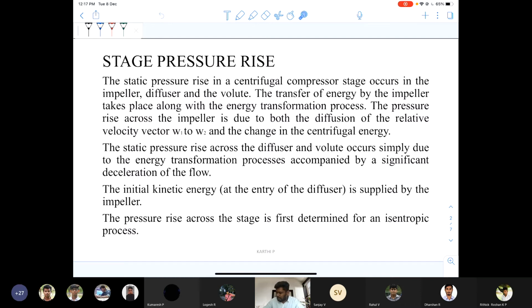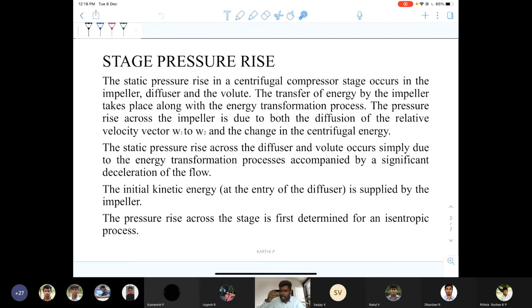The initial kinetic energy at the entry of the diffuser is supplied by the impeller. In the last class, when we were discussing the elements of the centrifugal compressor, I showed that after the impeller there is a space called the diffuser, and after the diffuser the flow is collected in the volute.